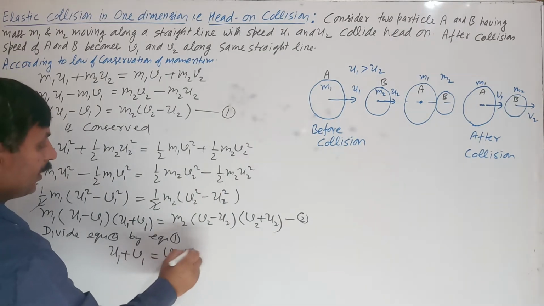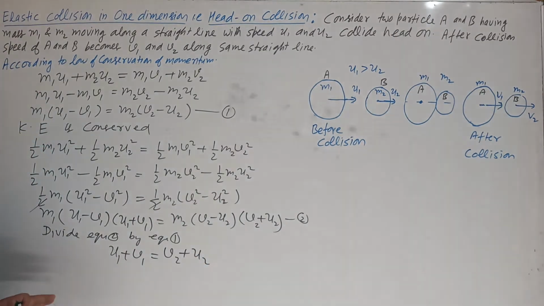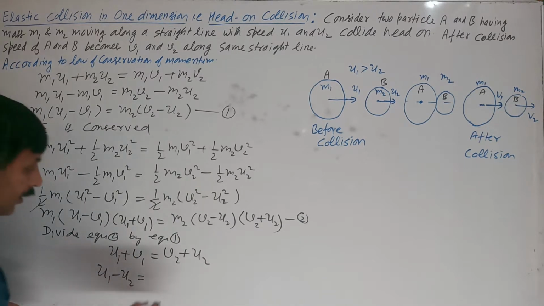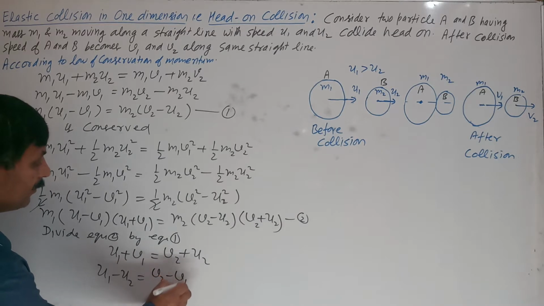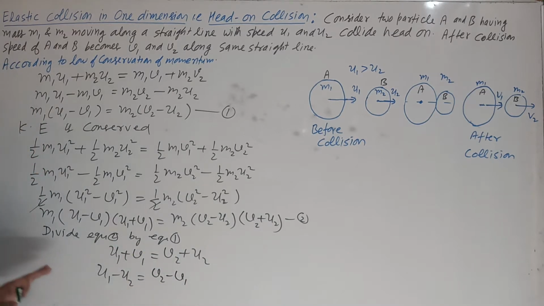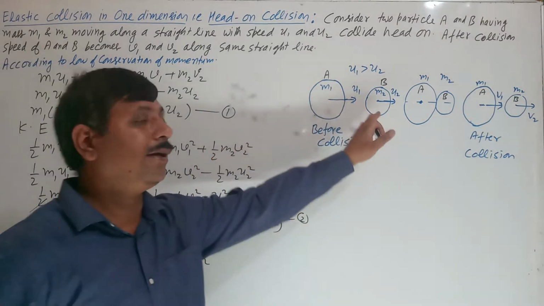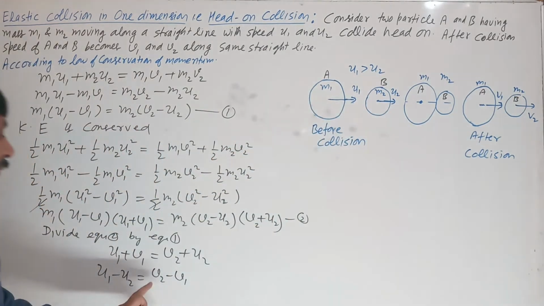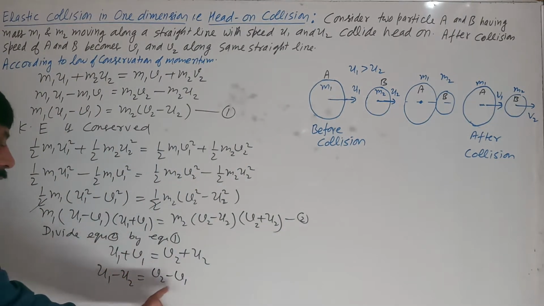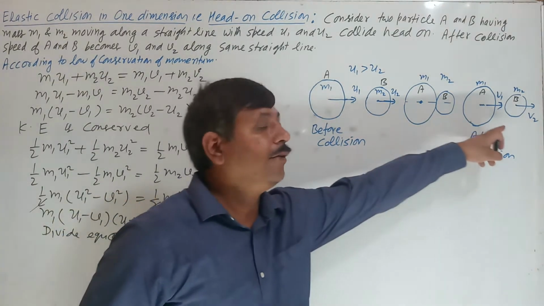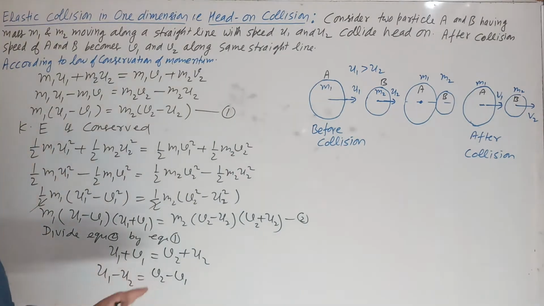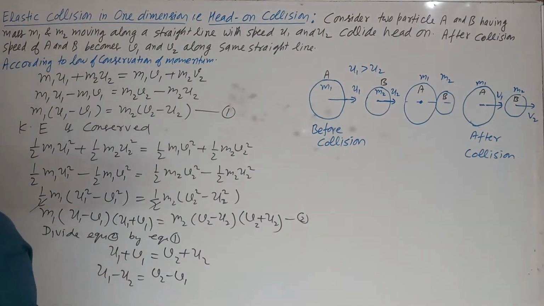If I take u2 here, u1 minus u2 is equal to v2 minus v1. See, one result we have found: u1 minus u2 means the relative velocity of approaching, and it is equal to v2 minus v1, that is the relative velocity of separation.